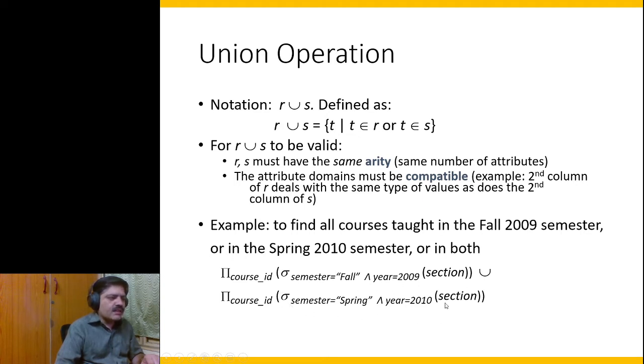So here we select all tuples from section where semester is spring and year is 2010. So the resultant course IDs are put together to get the final output, which should return all the courses taught in fall 2009 semester or in the spring 2010 semester or in both.